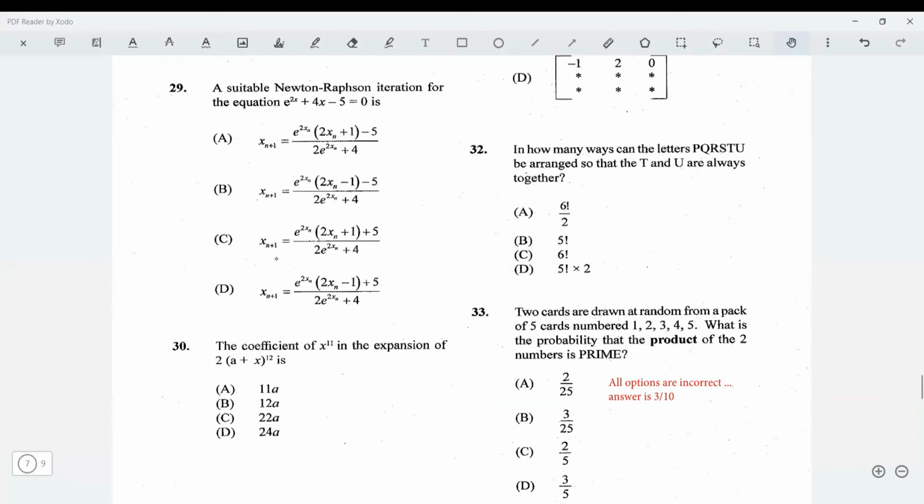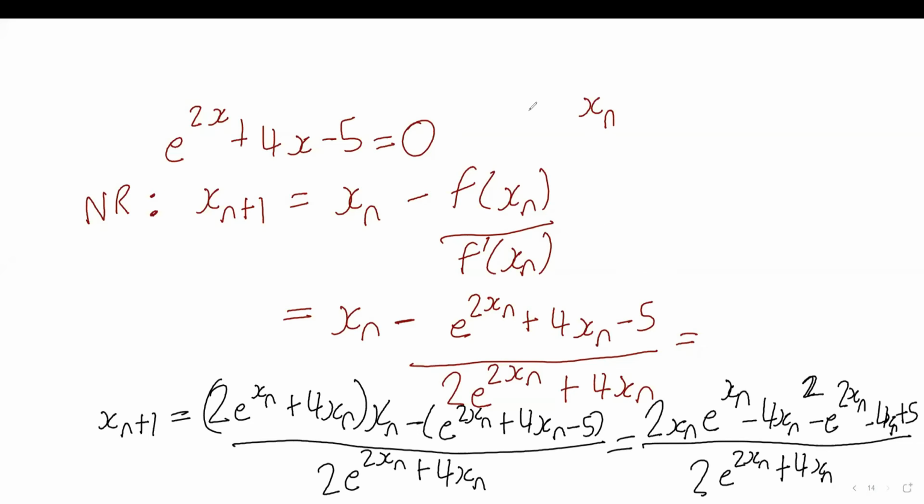Now notice they did some factorizing. So they factored out e to the 2xn from the numerator. E to the 2xn can be factored out from this term and this term. So if you factor it out from those two terms, if you factor out e to the 2xn, because that's what they did.